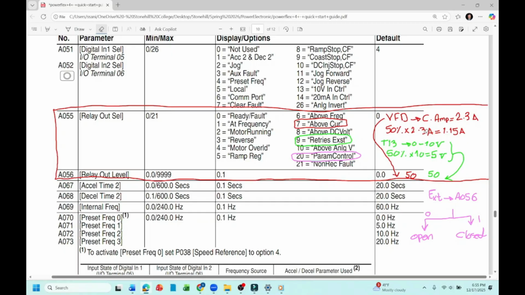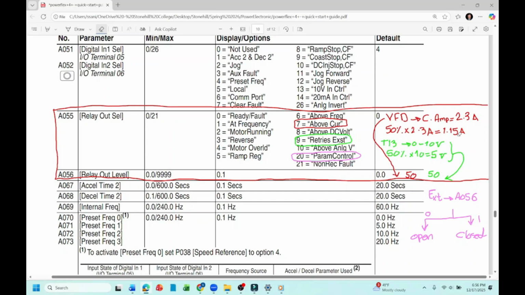That means if the current of the drive goes over 1.15, you have a trigger on your relay and the lamp that we put there should be on. If it's less than that current, the lamp should turn off, or you don't have a trigger on your relay.